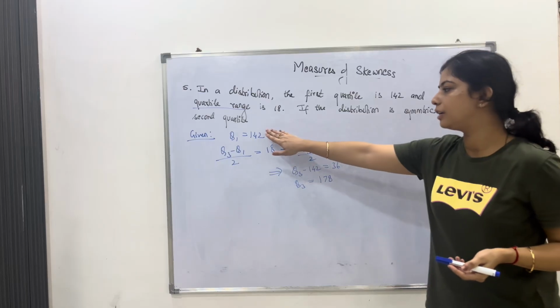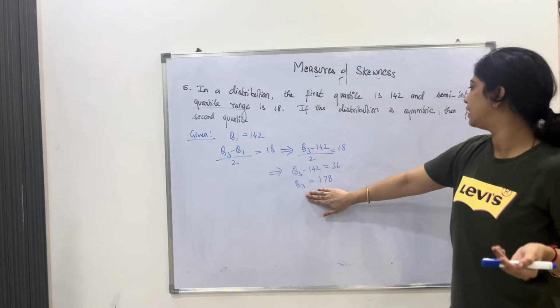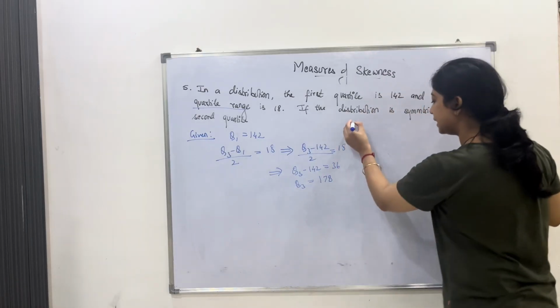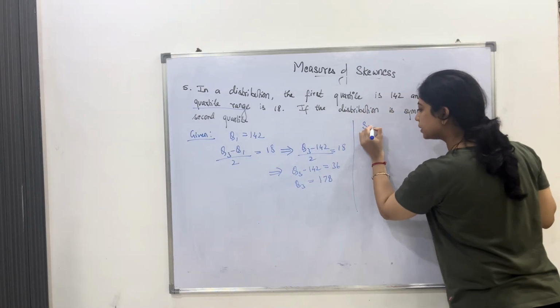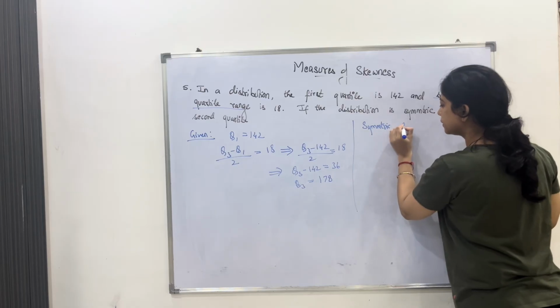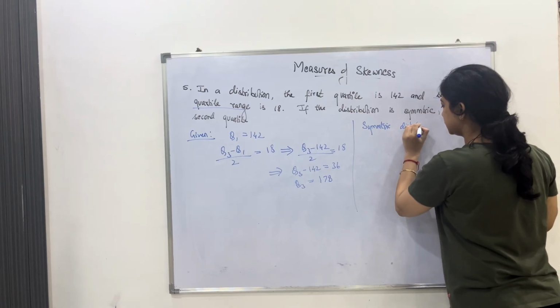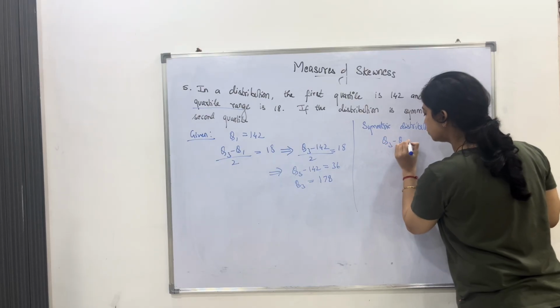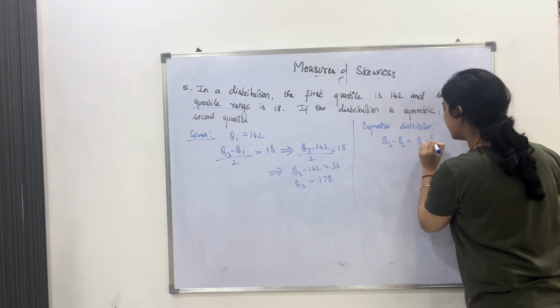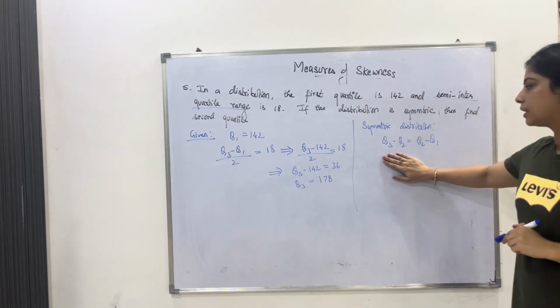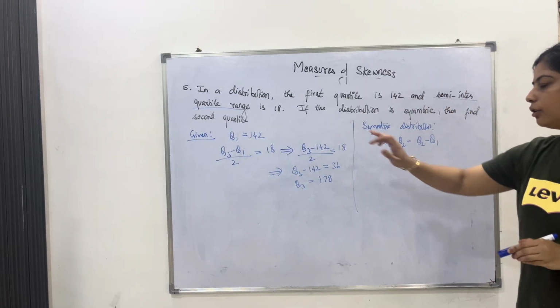So we have got the value of Q1 and Q3 and we are supposed to find out the second quartile, the value of Q2. There is a condition for symmetry. When your data is symmetrical data, Q3 minus Q2 is equal to Q2 minus Q1. Now using this formula, we will be getting the value of Q2.